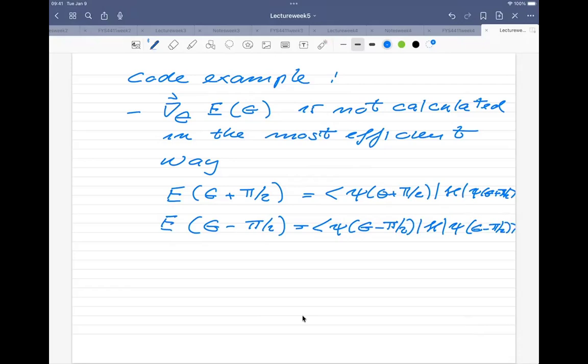finding the eigenvalues. So this is the derivative with respect to theta of E of theta, and we are going to show that this is proportional to E of theta plus pi half minus E of theta minus pi half.